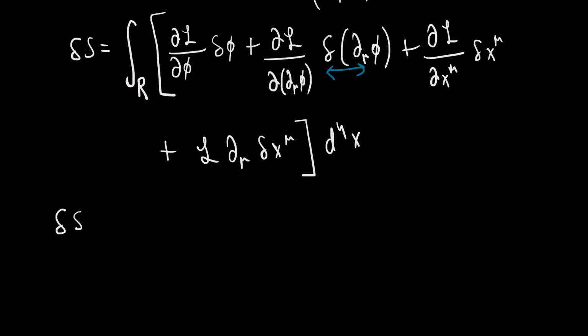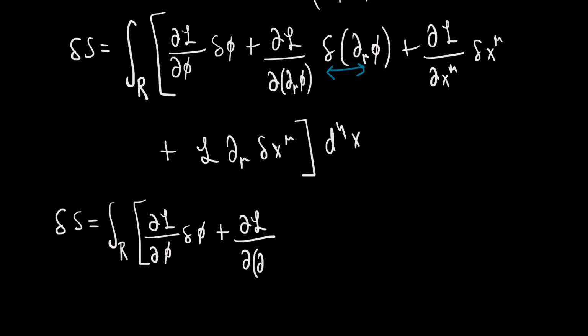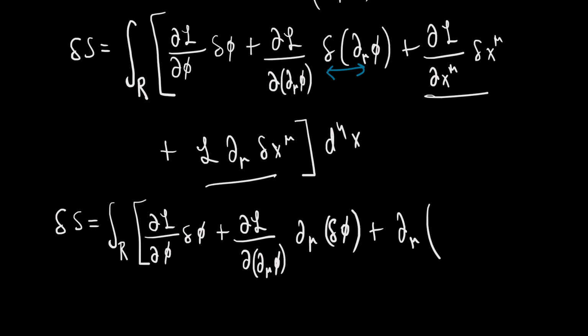So after exchanging, we get delta S equals the integral over region R of del L by del phi delta phi plus del L by del mu phi del mu delta phi plus del L by, oh, we can rewrite these two terms into a single term, that is del mu of L delta x mu, because by using the product rule we get these two terms back. So integration is with respect to coordinates x mu.